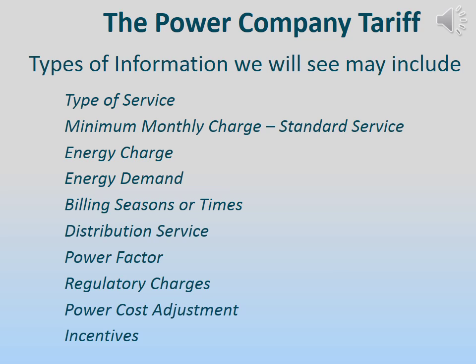Those are all things that we are going to want to try to get to the bottom of. We may have to ask specifically about what incentives they have for load shedding and so forth.